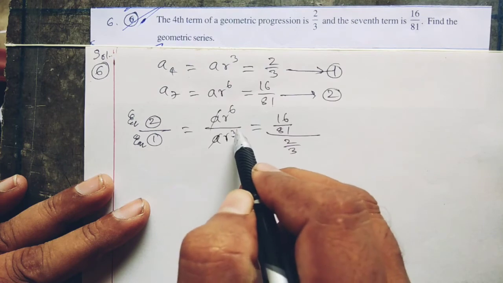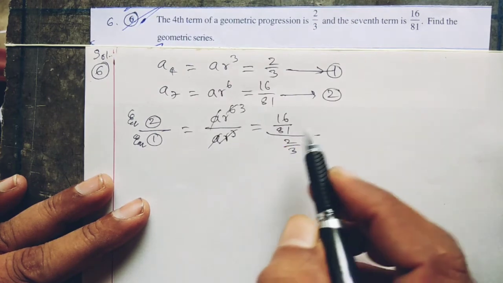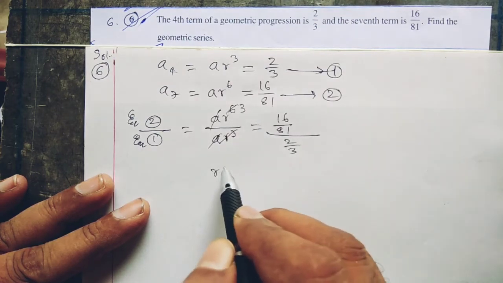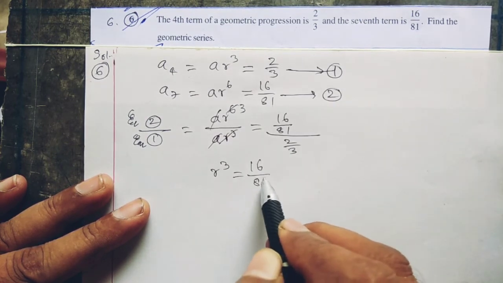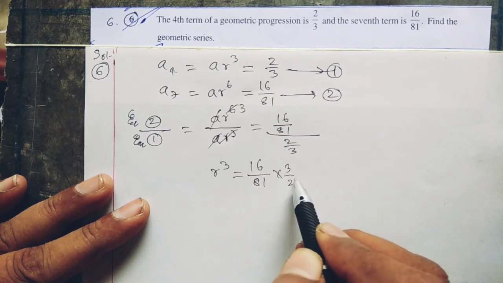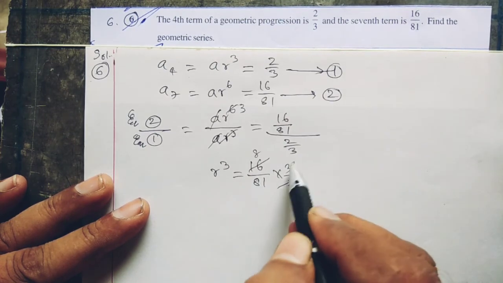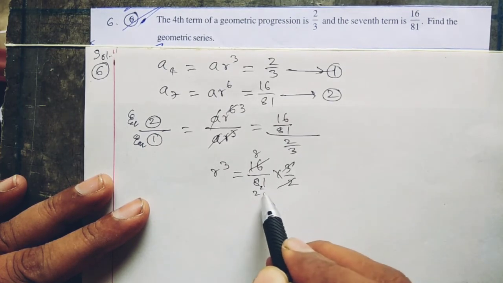A cancels, R cube remains, and 3 cancels. So R cube is equal to 16 by 81 into 3 by 2.